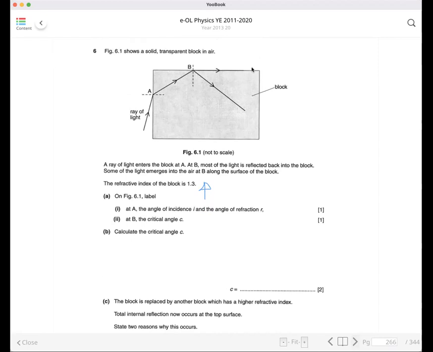It will bend more. Down here, it will actually bend more.